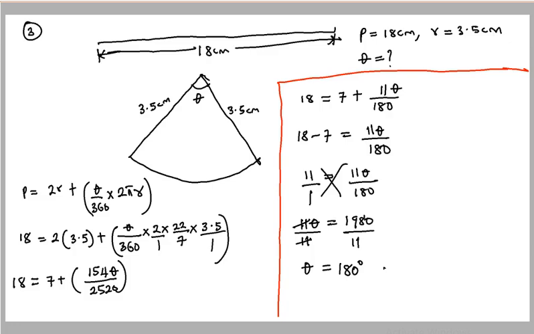180 degrees. Like I told you from our sketch, the angle does not correspond to what I sketched. But you're correct in your calculation. Just that, like I said, angle 180 is angle on a straight line.